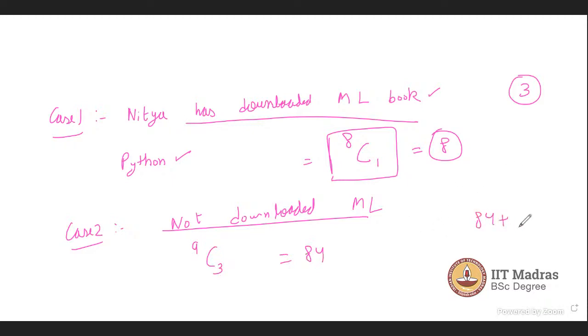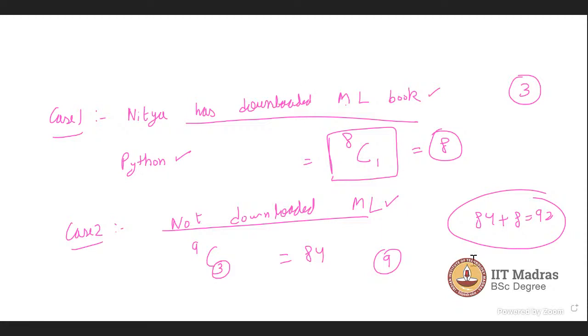Why 9? Because the ML book is not downloaded, so you are left with 9 books now. Python book can still be downloaded even if ML is not downloaded. So there are only two cases: ML downloaded or ML not downloaded.